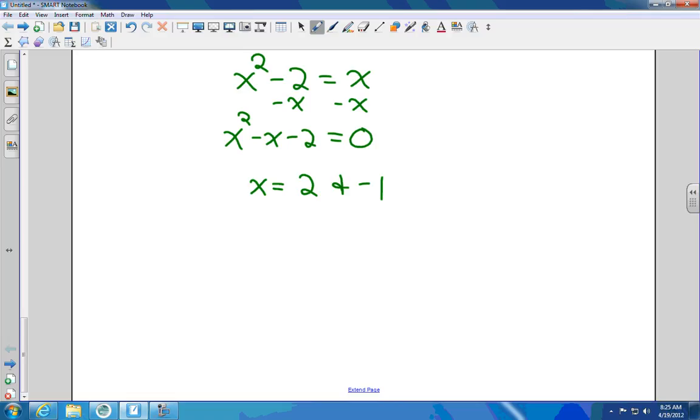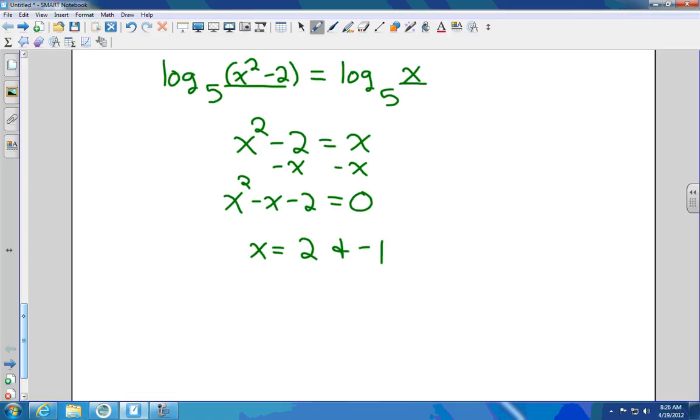And we present the possibility of extraneous roots again here. So we need to plug our answers back in. Make sure they check out. So if we put 2 in to the original, you've already found out it works. 2 squared minus 2 equals log base 5 of 2.